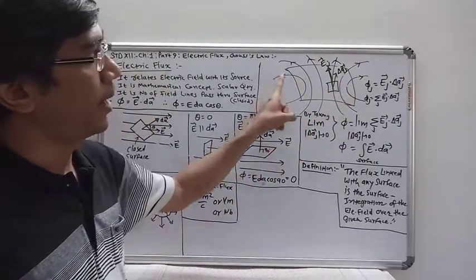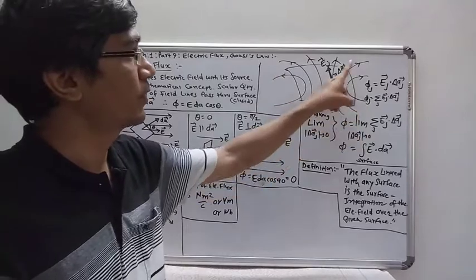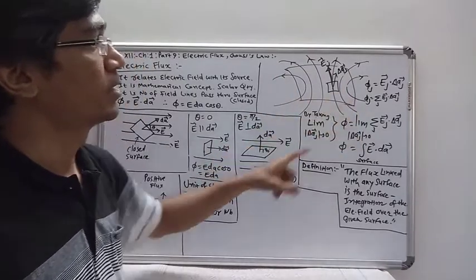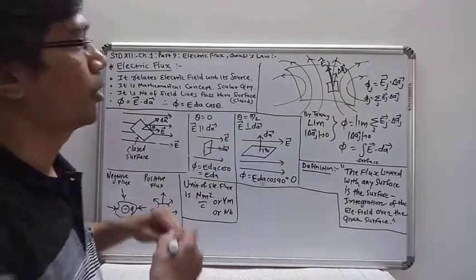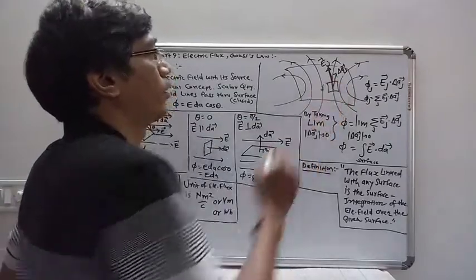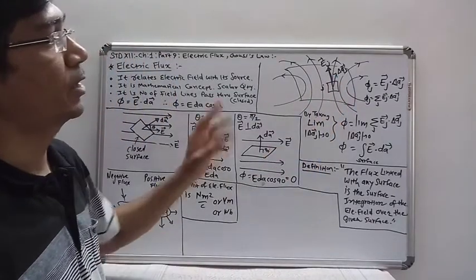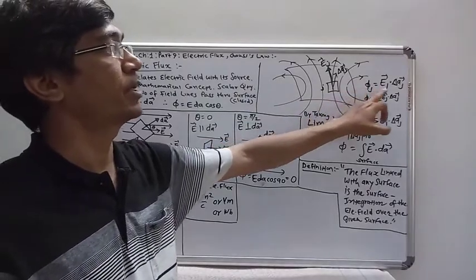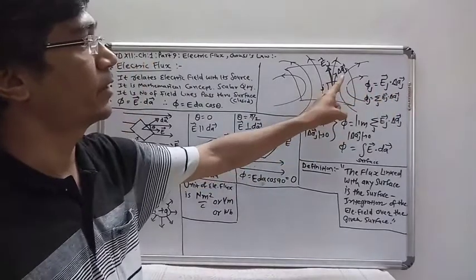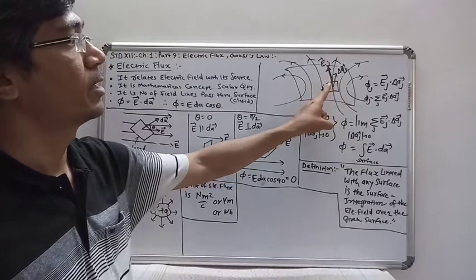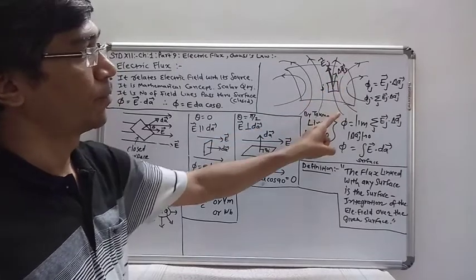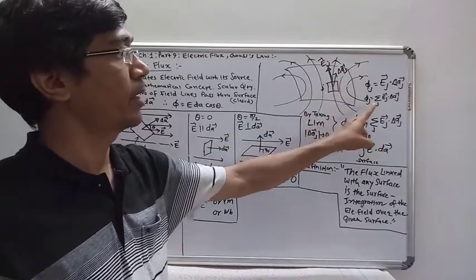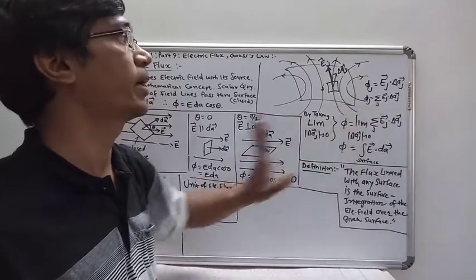Now if we take any electric field and a random closed surface, at a given point j we want to find the electric flux. The electric flux at point j is given by Ej dot delta Aj, where delta Aj is a small unit area. So flux is equal to sigma Ej dot delta Aj.